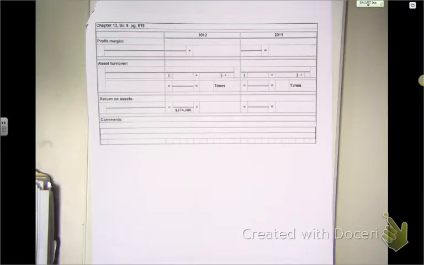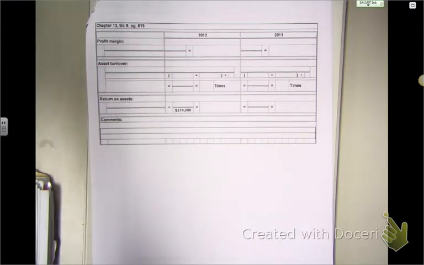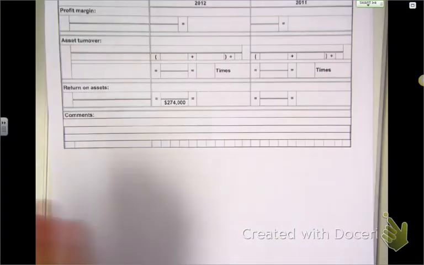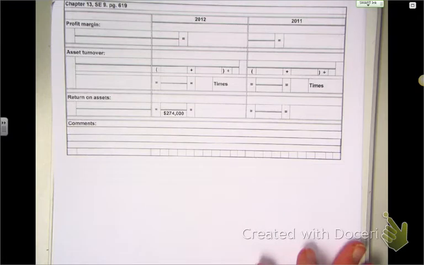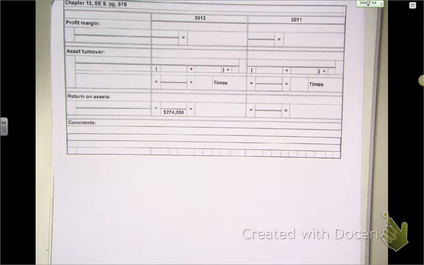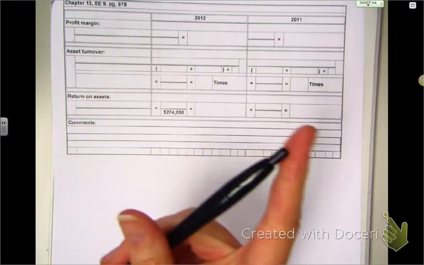Okay, today we're going to be working on some financial ratio analysis calculations. We are going to start out with problem SE9 on page 619 in our textbook, chapter 13. And we're going to first look at our profit margin.